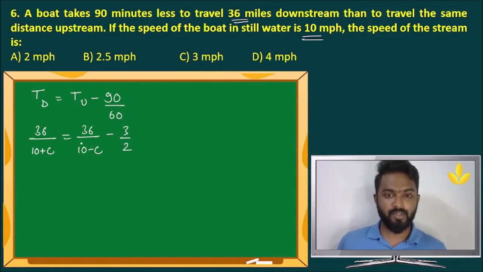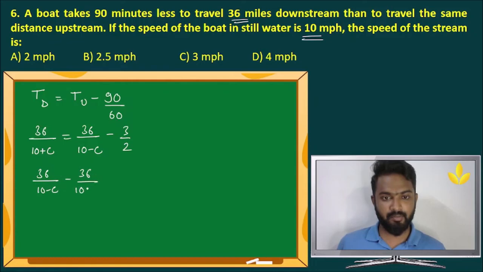Alright. So now let's shift this over here. We have 36 divided by 10 minus C minus 36 divided by 10 plus C equals 3 by 2. So we have LCM 10 minus C, 10 plus C, A minus B into A plus B is nothing but 10 square minus C square.